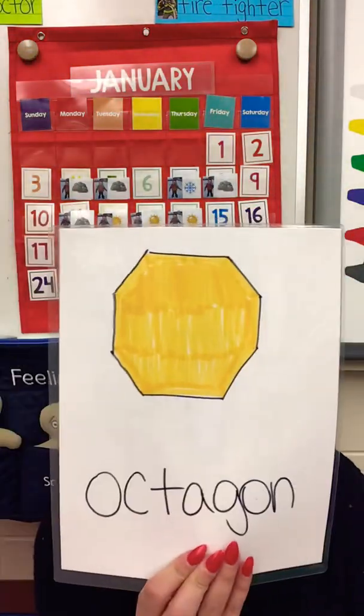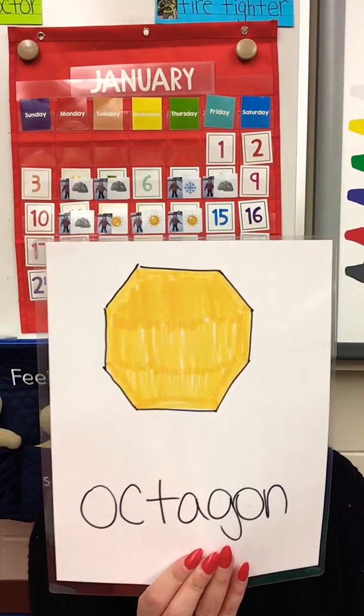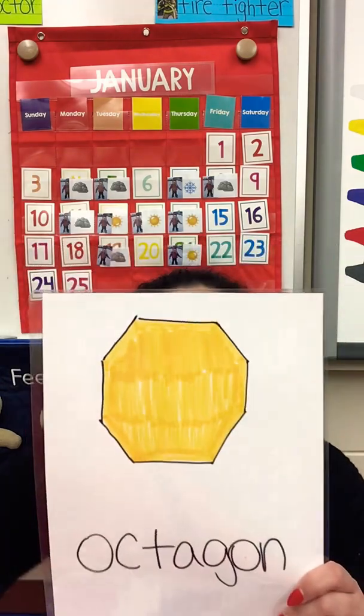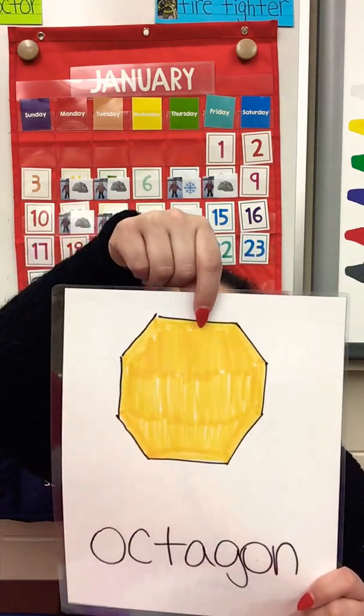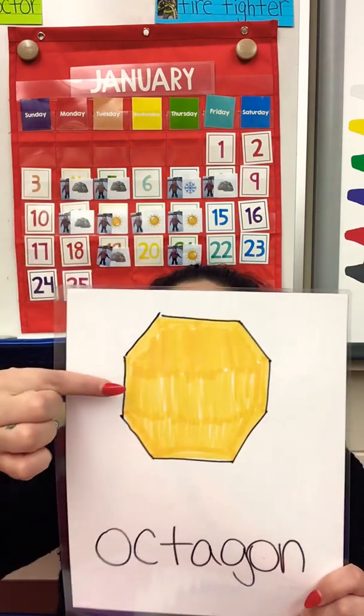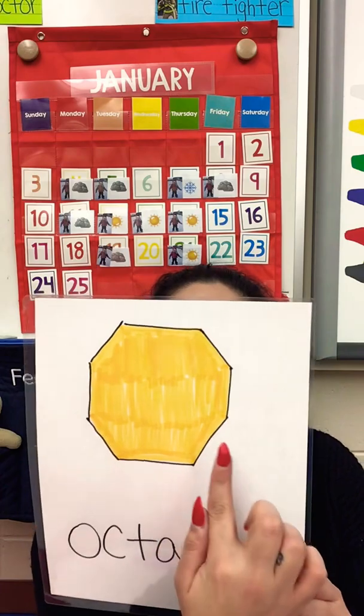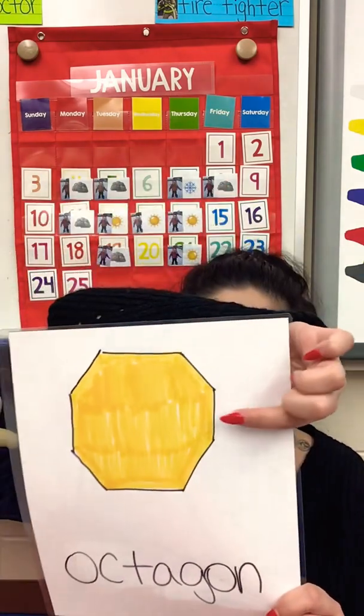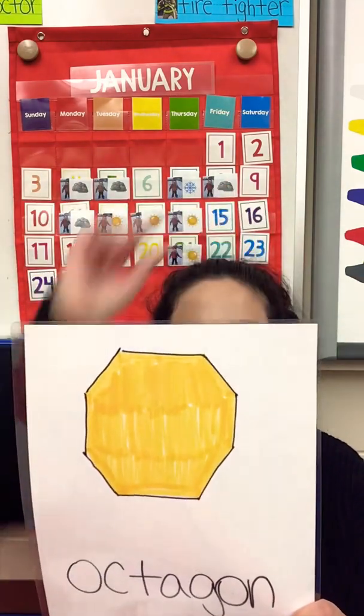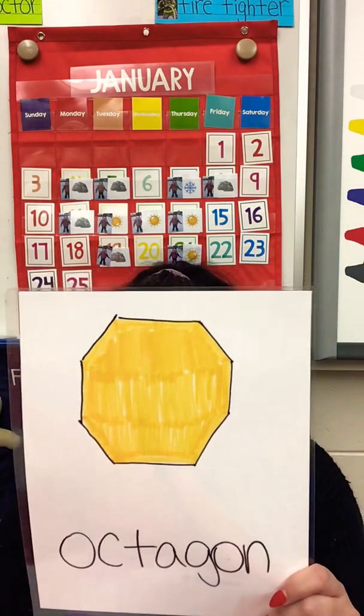Okay. Shapes are not the same. Clap up high and tell me this shape. What is this shape? Ooh, there's lots of sides to this shape. Let's start at the top and count. 1, 2, 3, 4, 5, 6, 7, 8. 8 sides to the shape.